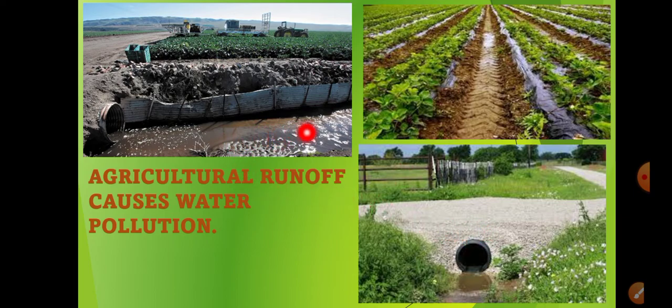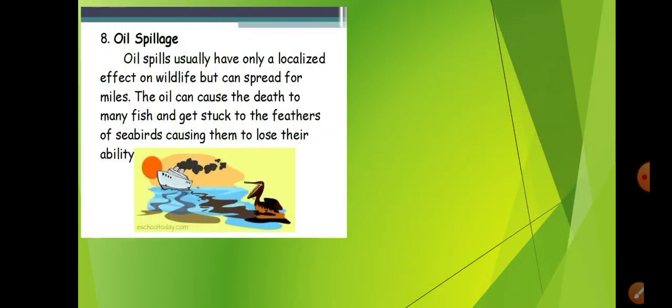Once the field is watered, some amount of water may be released through the agricultural runoff area also, and this gets mixed with the larger water bodies, hence leading to water pollution.